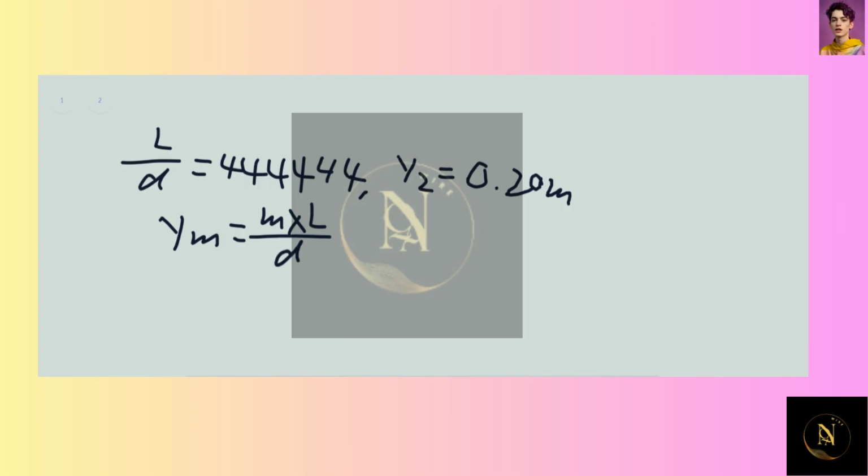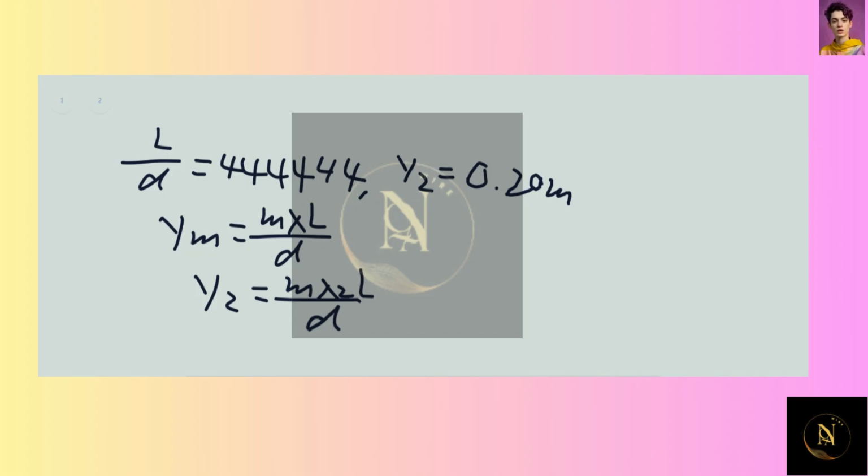Okay, so y2 is known, m is known, m is 1 as well, since we're only talking about the difference between 2 sources, so the order of the band is the same. And L over d is known because it is the same grating, same screen, and same slit separation. So this is what we got: y2 equals m lambda 2 L over d.